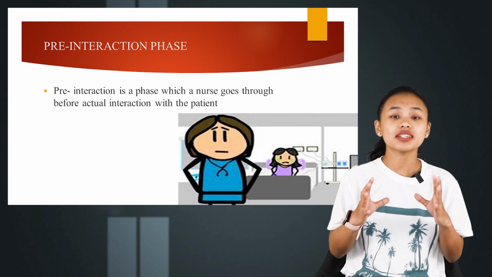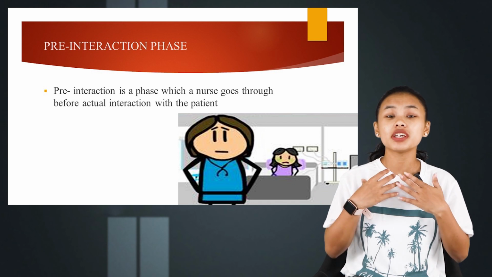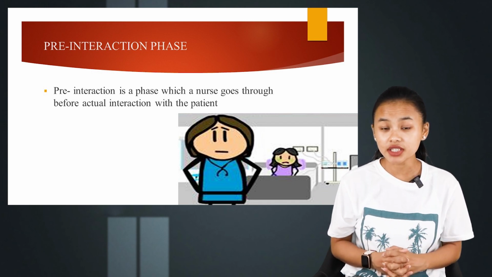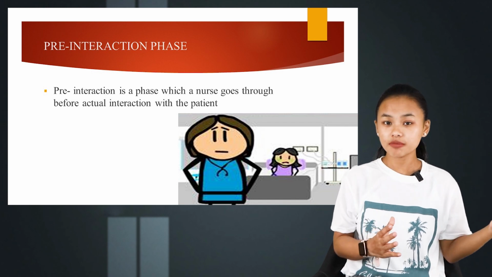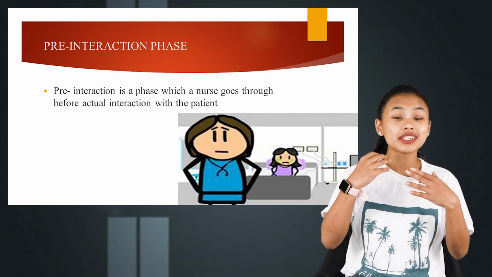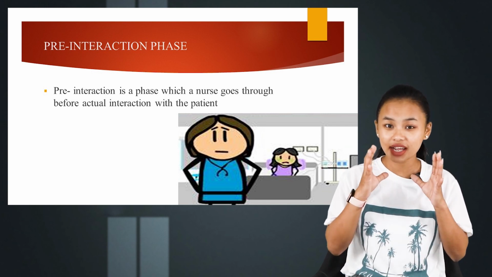This phase is known as the pre-interaction phase. So as I've said, this is a phase before the actual interaction with the client. It is the time period from when you have gotten information that you are going to be the one who will be taking care of that particular client, but still have not met that client yet.